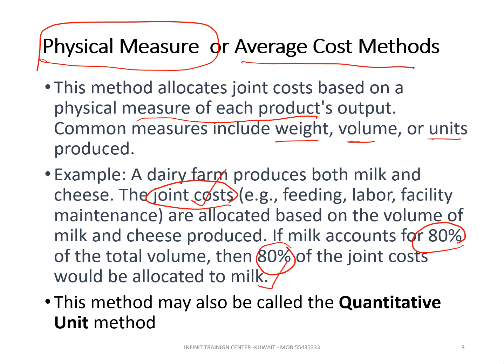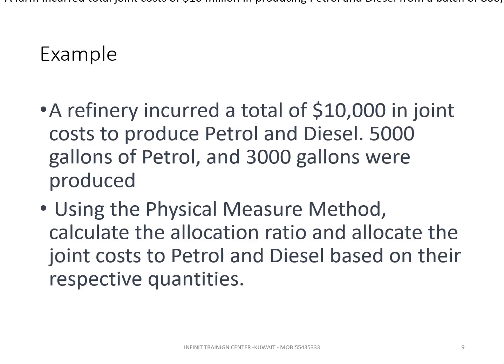So in short, it is based on how much output you have for each product, you will allocate the total cost. Here we have the example: a refinery incurred a total of $10,000 in joint cost and they produced petrol and diesel. So joint cost here is 10,000 and they have two products, petrol and diesel.